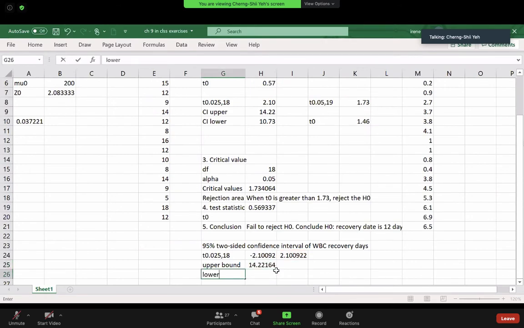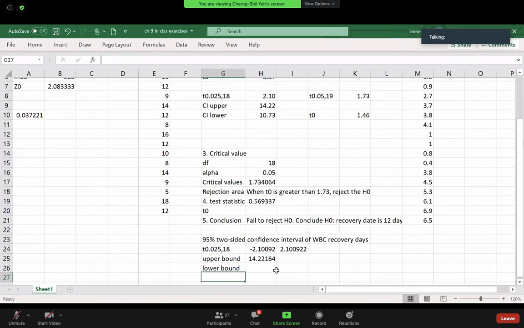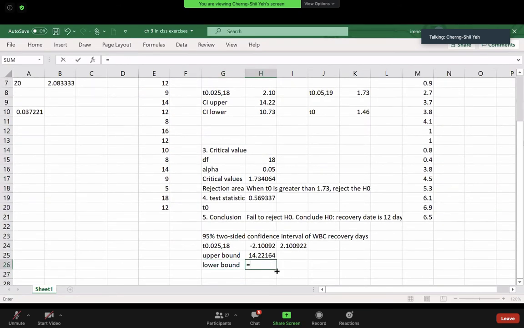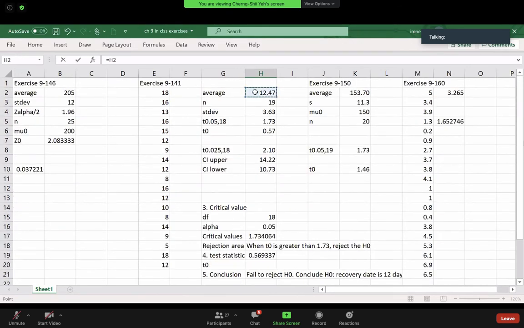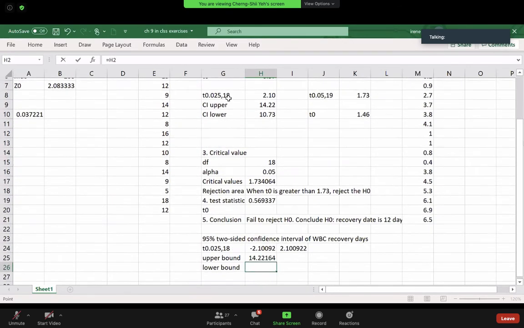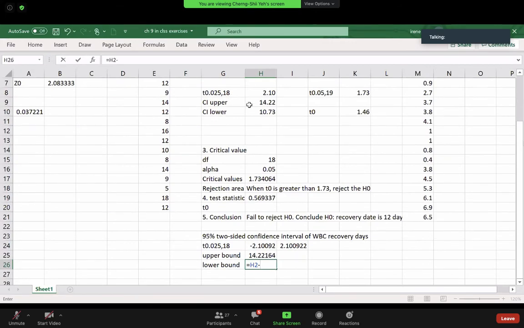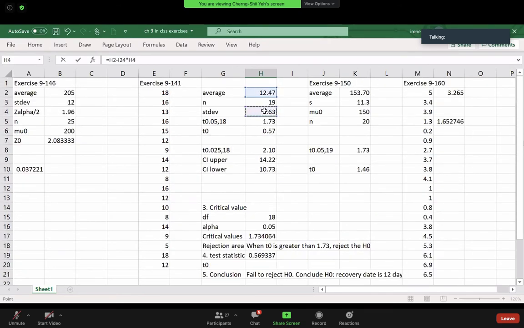Okay, lower bound. Same thing. Sample average. Subtract t statistic multiplied by standard deviation divided by square root of my sample size.